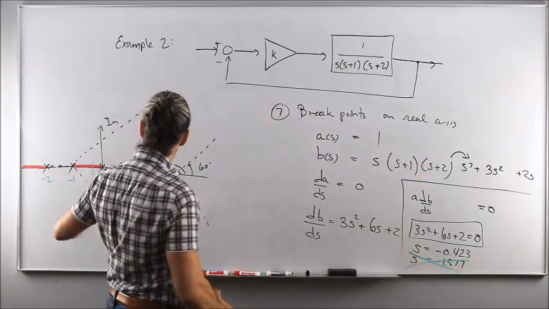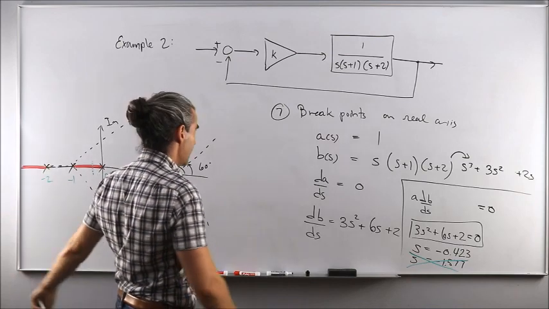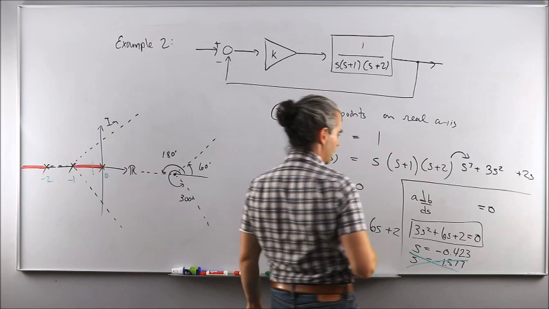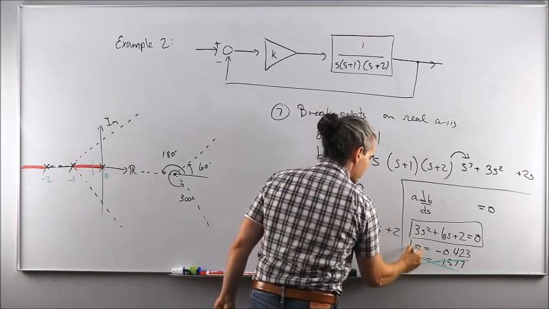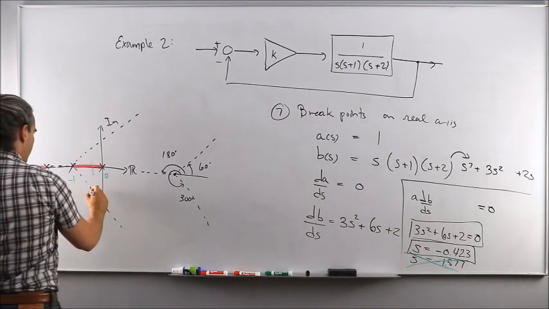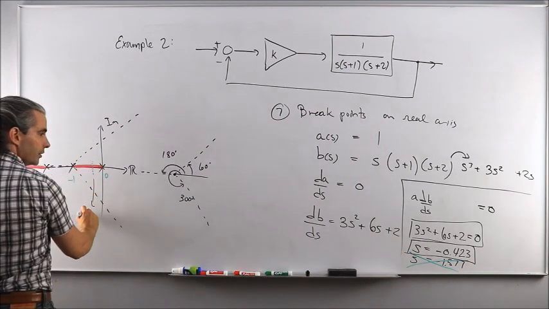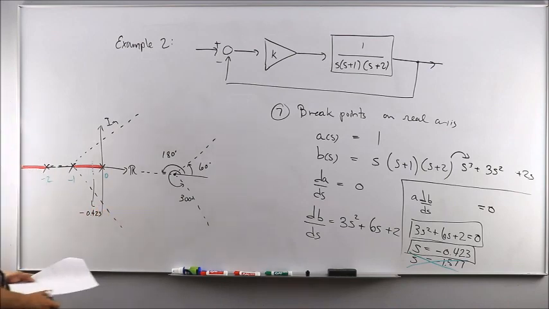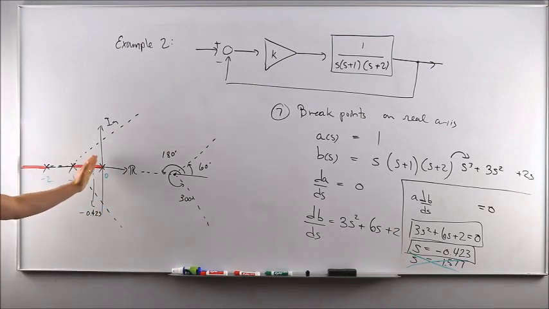Our root locus is the red part, okay, along the real axis. And here we're talking about breakpoints on the real axis. So the only possible solution is this one at minus 0.423, and that would be a situation where the breakaway point does not correspond to the intersection of the asymptotes along the real axis, okay?